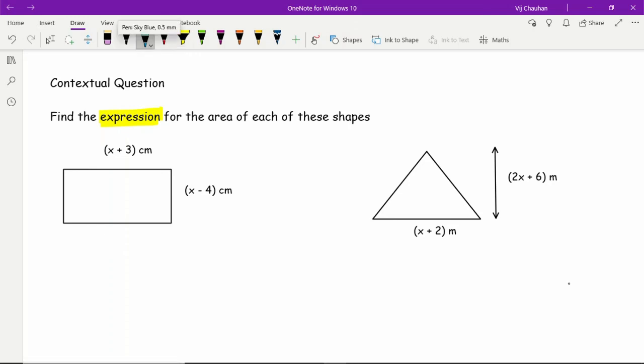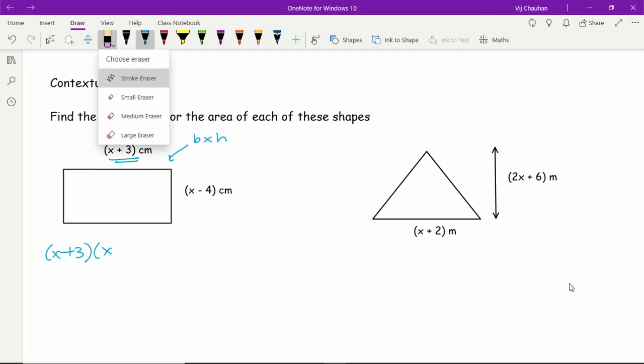So first thing we need to do is establish what type of shape it is. So it's a rectangle, and to work out the area of this rectangle, it's the base times the height, or length times the width, whichever you prefer. So if I look at the base as being x plus 3 times the height, which is x minus 4, I don't know why I put plus 4 there, let's get rid of that, and there we go, minus 4.